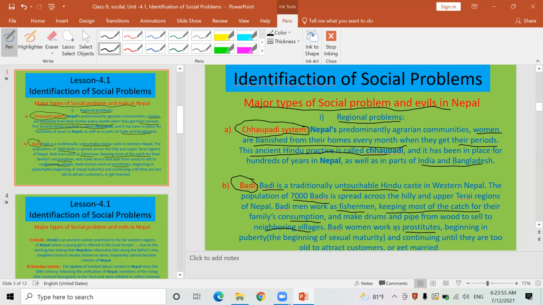As they attain the age of 16 or 17, they are directly involved in prostitution, beginning at puberty, the beginning of sexual maturity, when a girl has her period. Afterwards they get involved in prostitution because their parents think that now their daughter has matured, and it continues until they are too old to attract customers and get married.